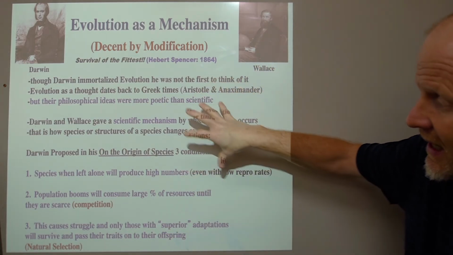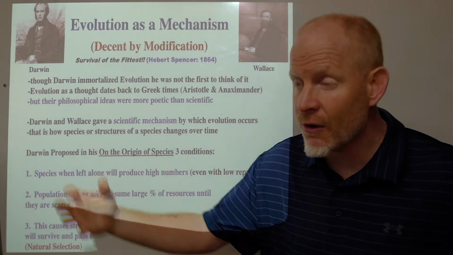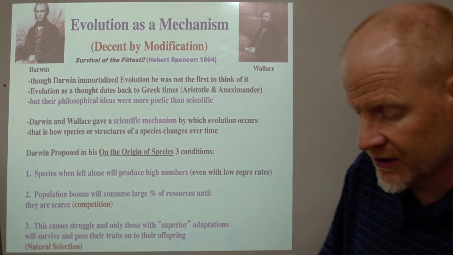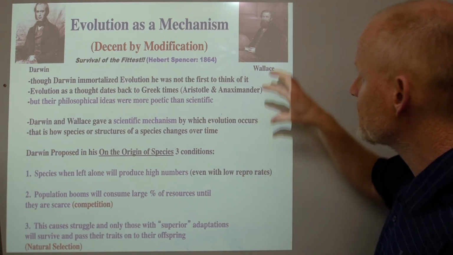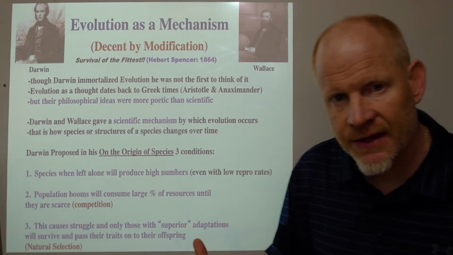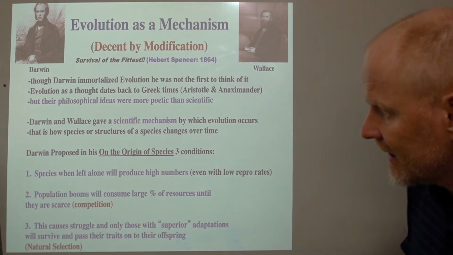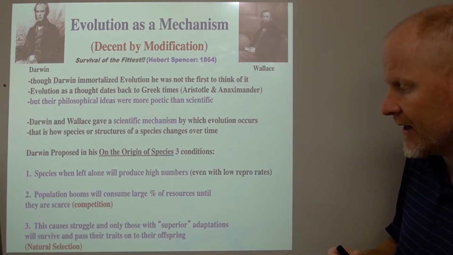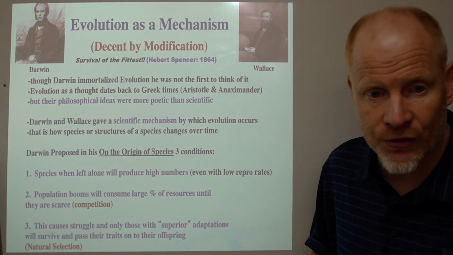And he came up with almost the exact mechanism, even though they never communicated with one another, which is really neat, right? Wallace put pressure on Darwin to publish, and Darwin published first, and therefore is immortalized by this theory of what we call Darwinian evolution.